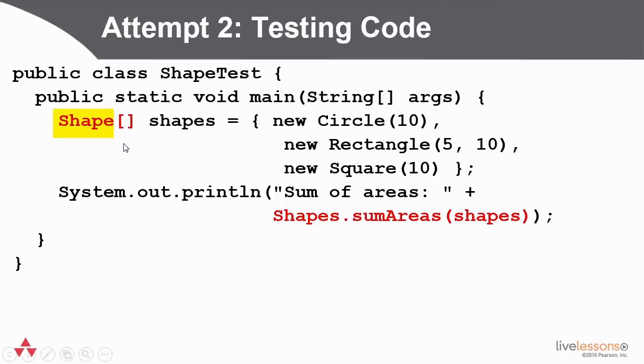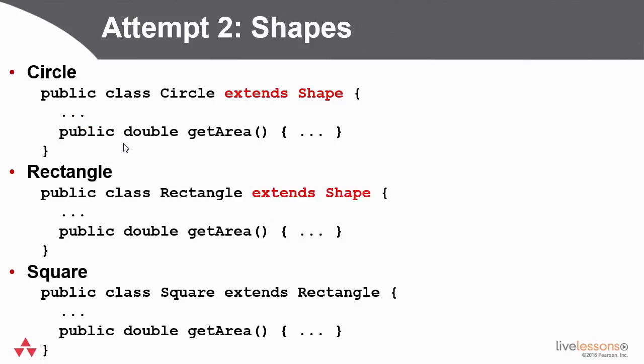That's the first point. The second point is that although in our code we had circle extend shape and then give a more specific definition of getArea, like pi r squared, it would have been possible to forget. Our code would have compiled if we said public class circle extends shape and we forgot to give a definition of getArea.